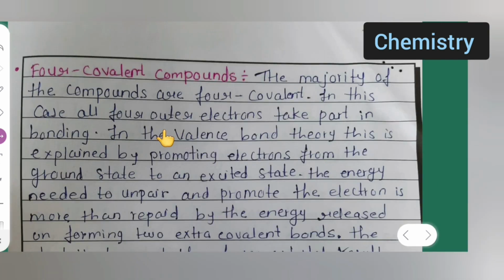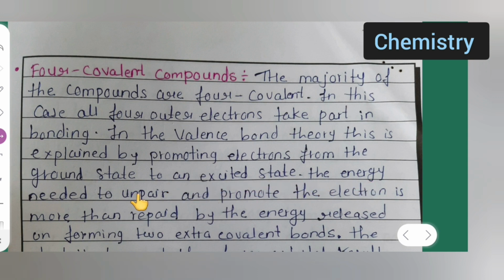Next, moving towards the 4 covalent compounds. The majority of the compounds are 4 covalent. In this case, all 4 outer electrons take part in bonding in the valence bond theory. This is explained by promoting electrons from the ground state to an excited state.